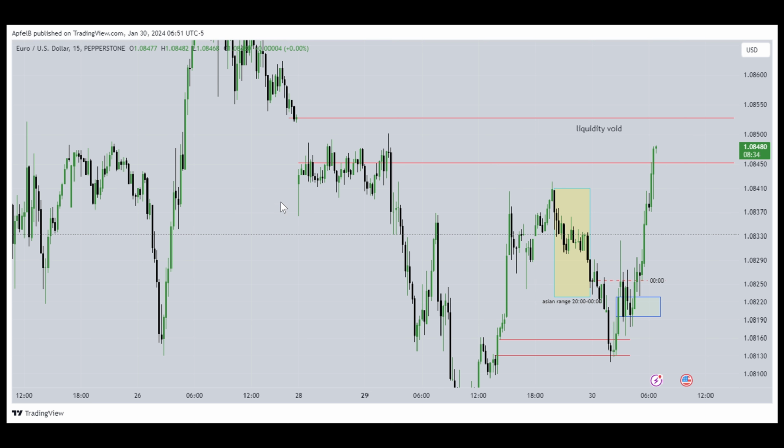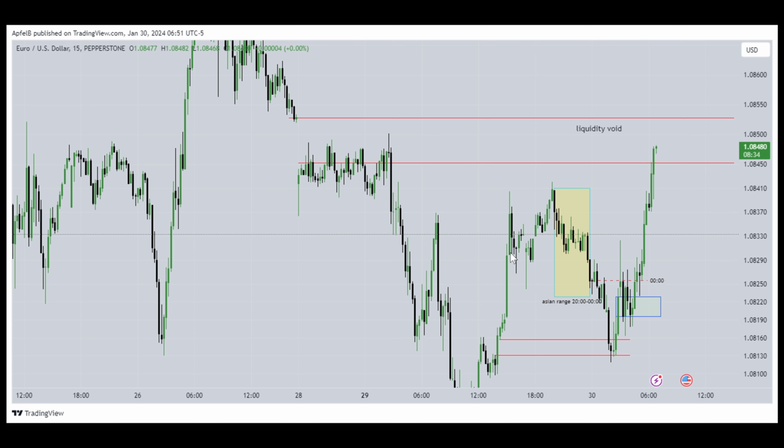So for this area to be efficiently delivered, we have to offer buy side and then we offer sell side. Then it will be efficiently balanced. But for now, it's unbalanced and it is a liquidity void.